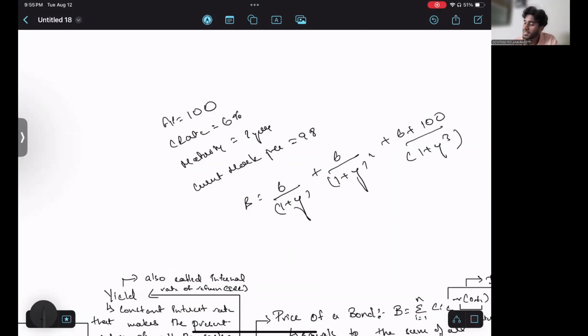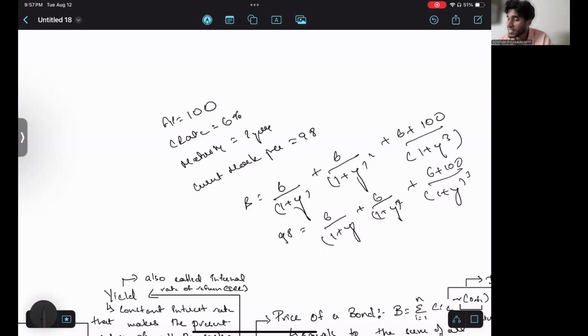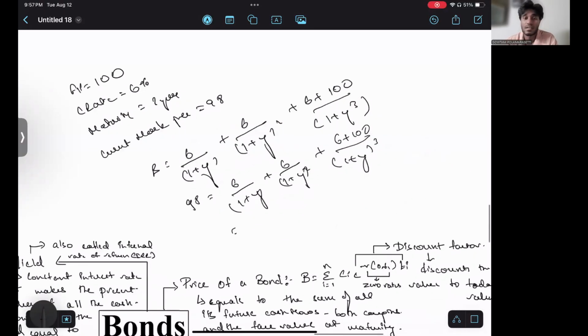Now if we equate B equal to 98, then we have only one unknown factor, which is y, the yield. After calculating this, we can say that the yield is approximately equal to 6.69%.